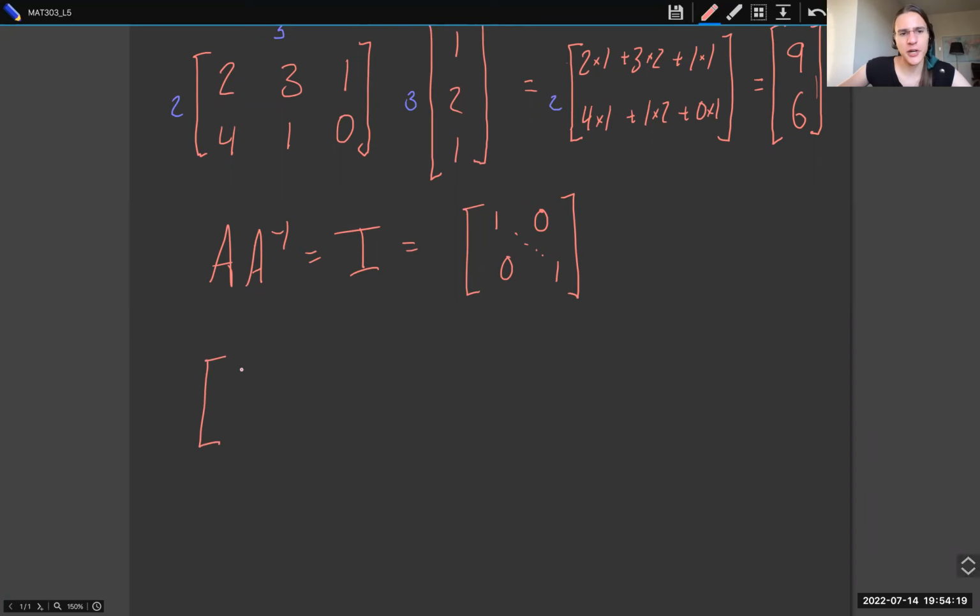So if we have the matrix A, B, C, D, then I claim that the inverse exists if and only if the determinant is non-zero. And then the inverse is going to be 1 over AD minus BC times you flip the diagonal entries, and then you put a minus sign on the cross diagonal entries.